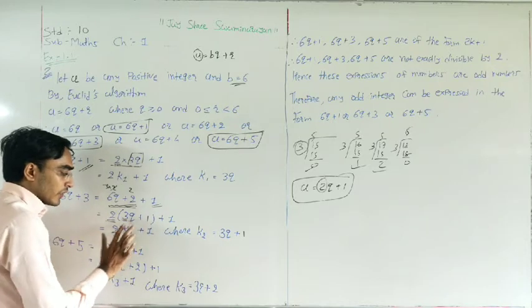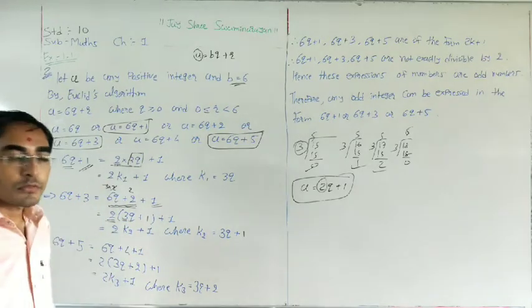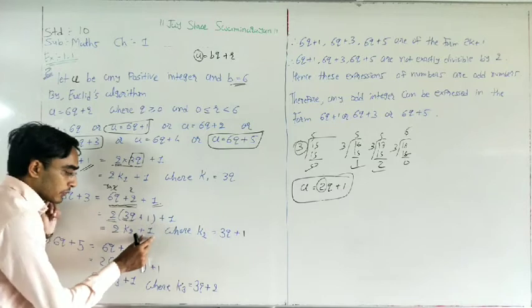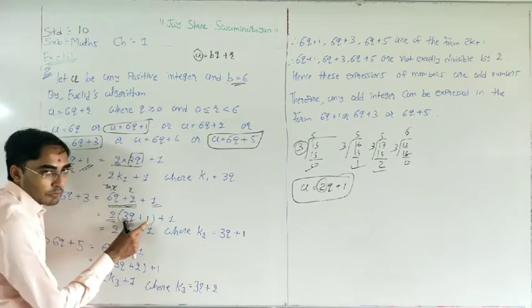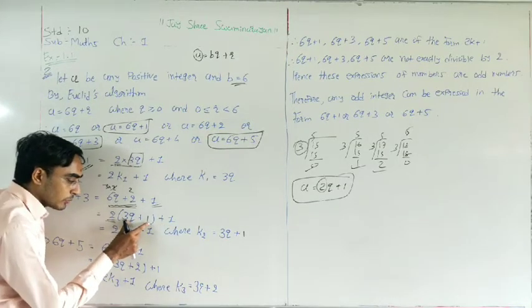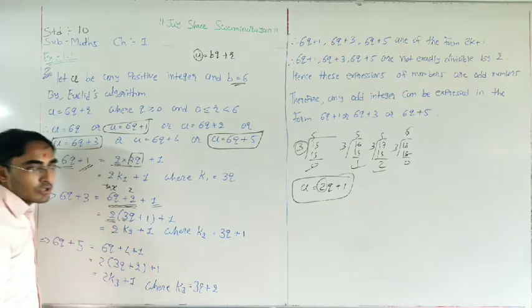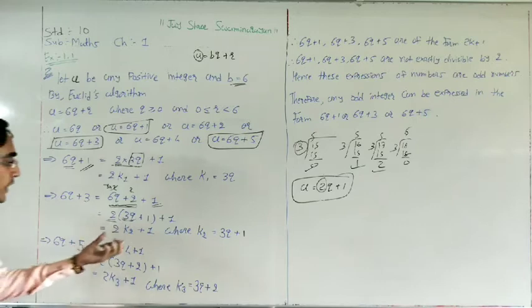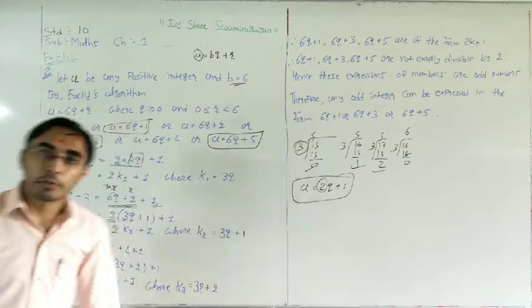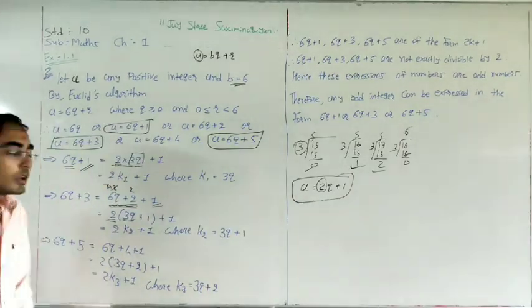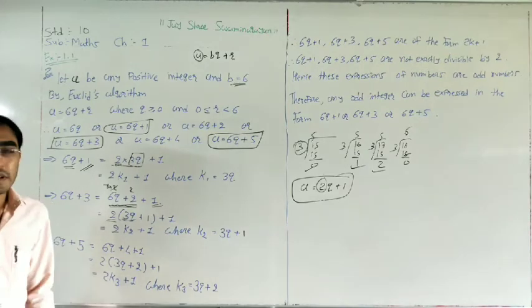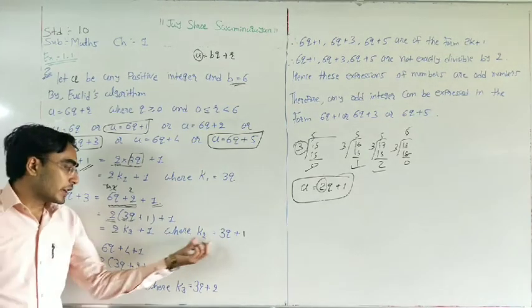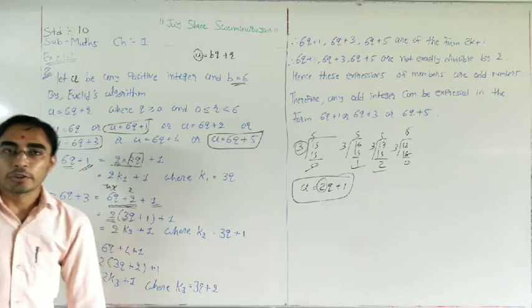So take this bracket is equal to k2. You want this plus 1, you want this 2, but you do not want this bracket. So in place of this bracket, just take one constant, k2. So 2k2 plus 1. So again it is the form of 2k plus 1, standard form of odd numbers, where k2 is equal to this bracket 3 cube plus 1.